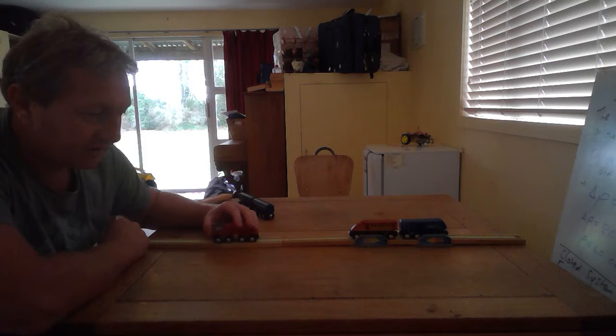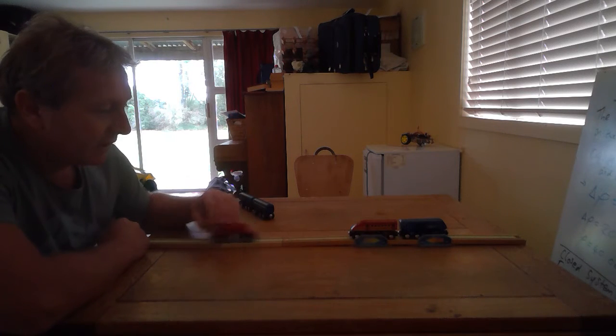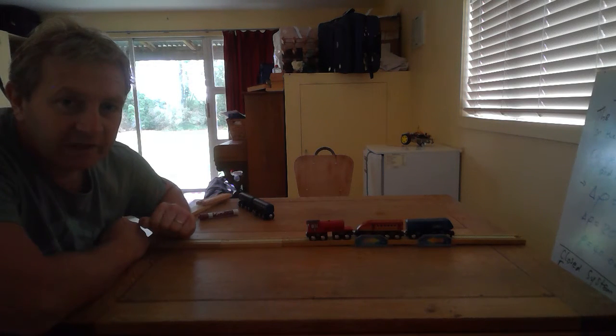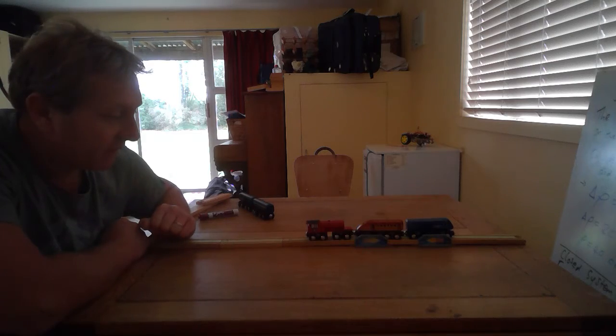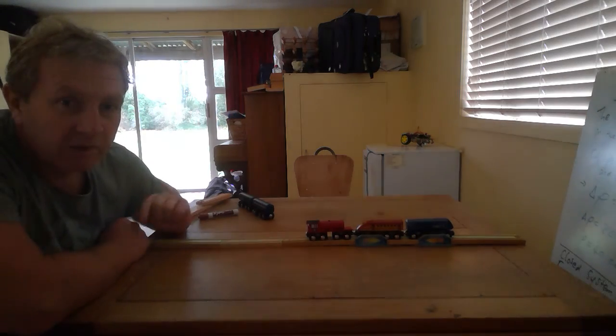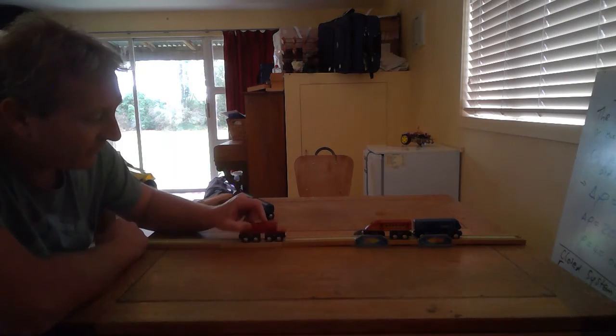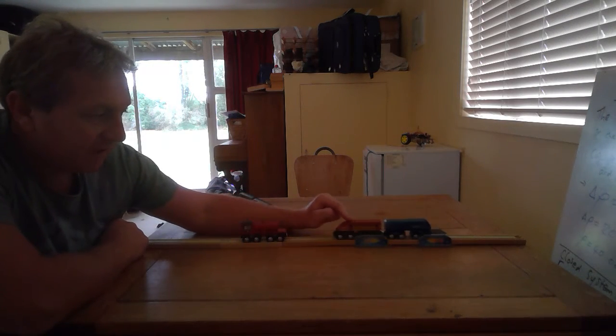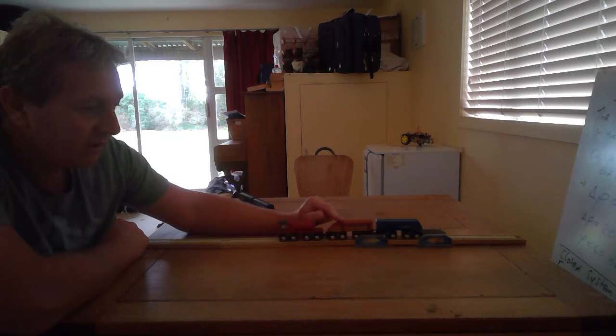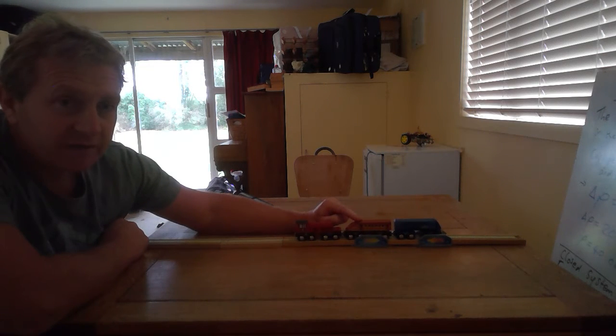Why? Because the mass of the object increased. So our next board work bit is going to be working out, if I gave you the mass and velocity of this, what the final velocity of the final train is.